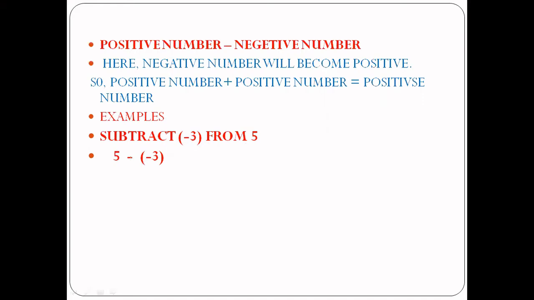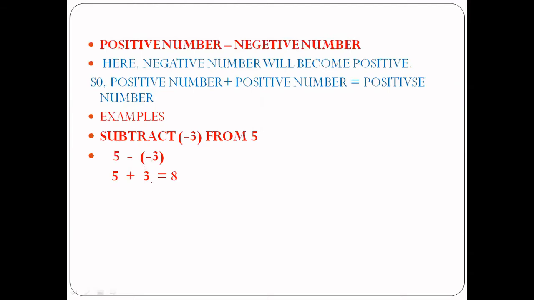These two signs will turn to a positive sign, that is plus. So 5 will be written as it is and the two negative signs will turn to a positive sign. So 5 plus 3, as both are positive numbers and there is addition between them. So 5 plus 3 is equal to 8.